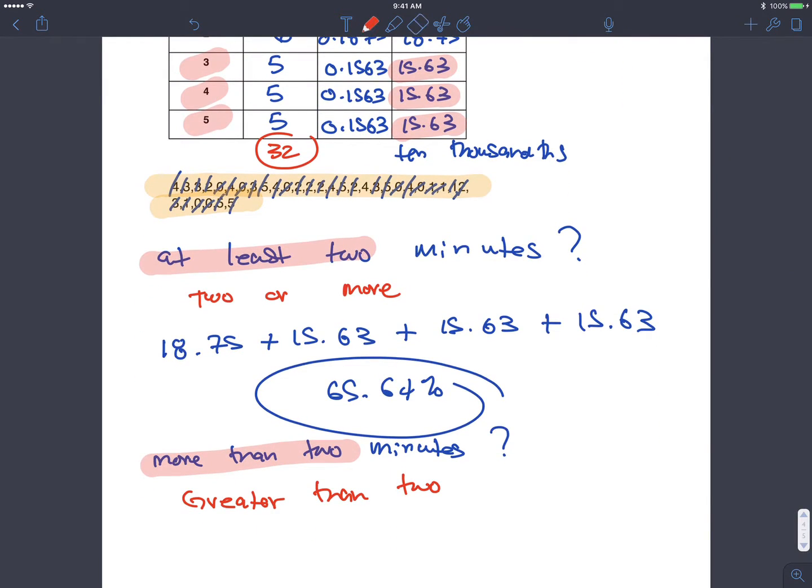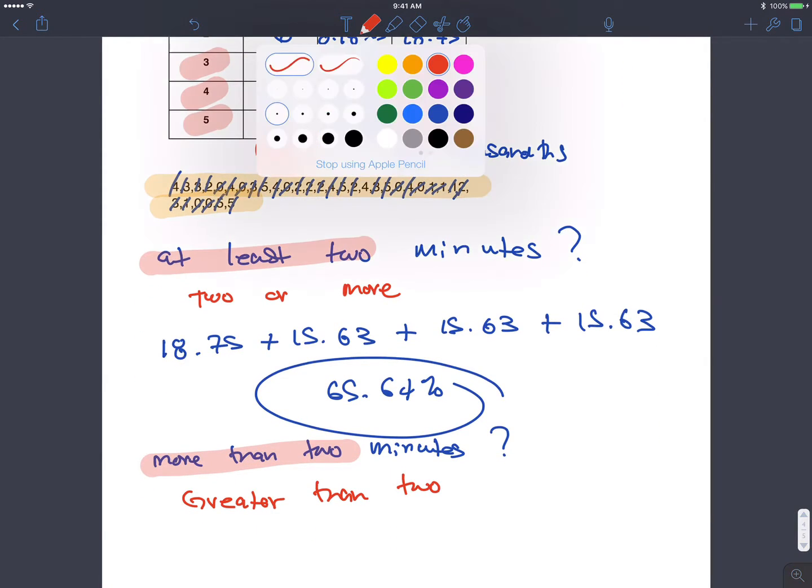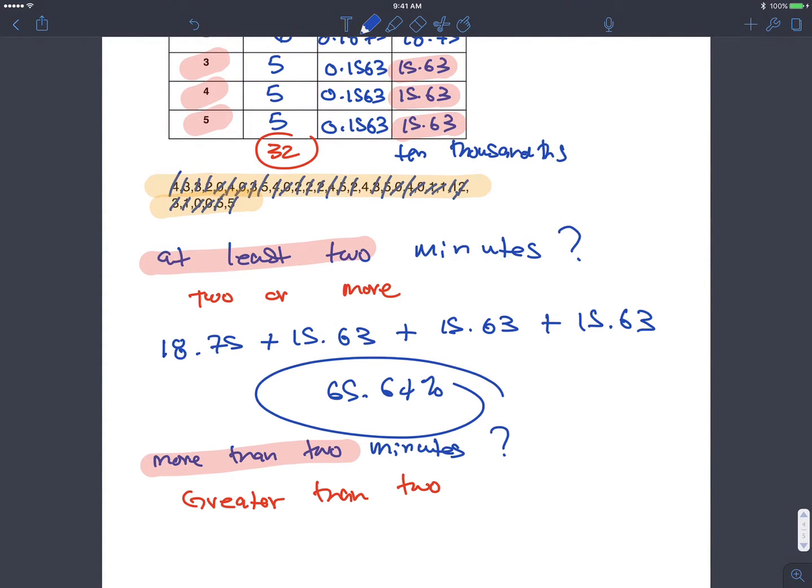So we're going to just add the associated percentages here. The associated percentages are all 15.63%.